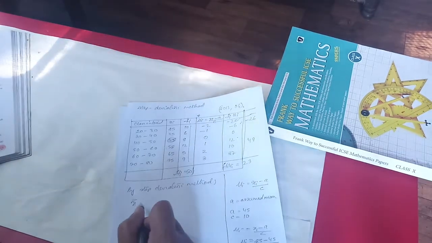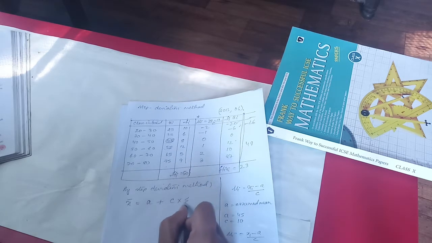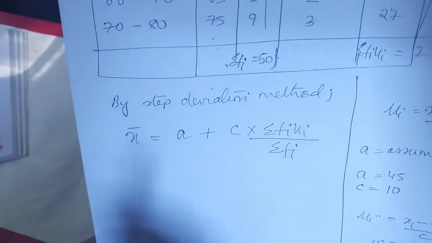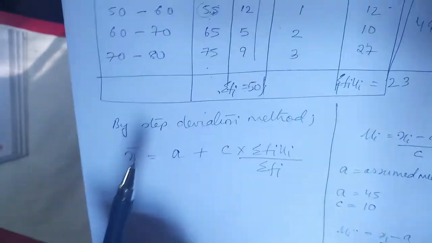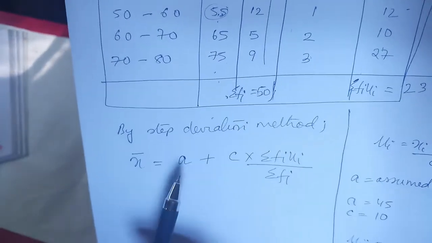We have just learned the direct formula. So the step deviation method is a plus c into summation fi ui divided by summation fi. Now see this formula properly. We are finding mean, but using which method? Step deviation method.